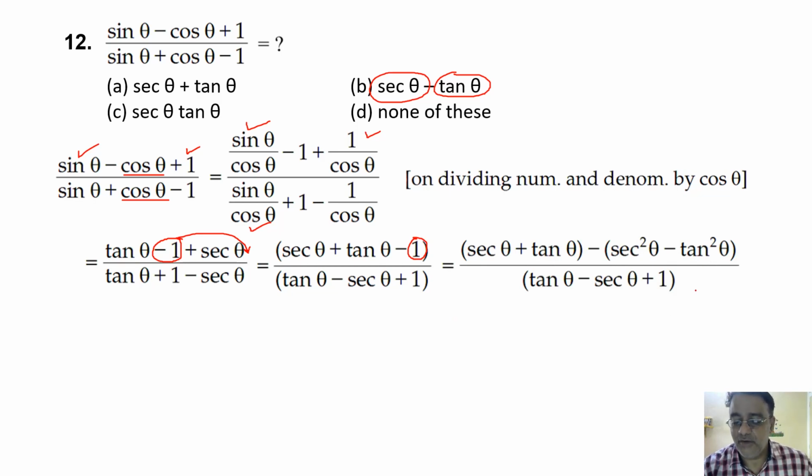Okay. Now sec square theta minus tan square theta के दो factors हैं. One is a plus b into a minus b, right? So a plus b means sec theta plus tan theta. So I'm skipping one step. So sec square theta minus tan square theta is two factors, sec theta plus tan theta into sec theta minus tan theta.